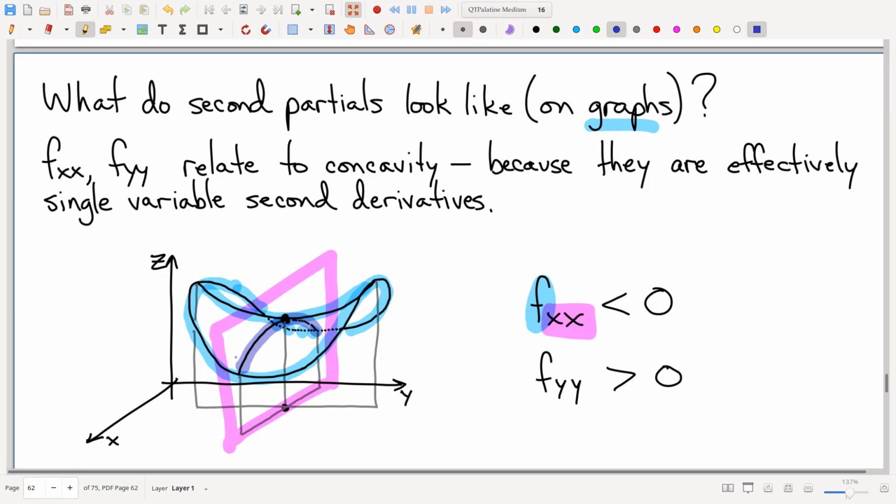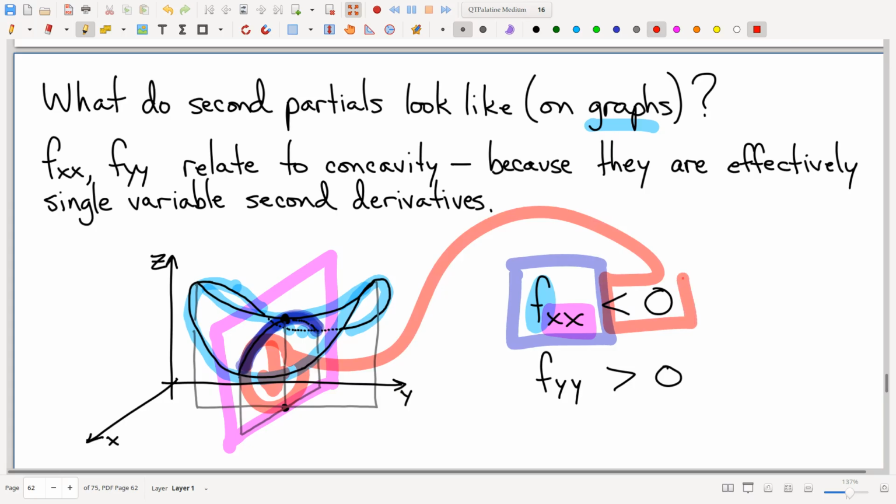So this is straight up, full stop, nothing more than the second derivative of the partial function whose graph is that dark blue curve. And we already know how to interpret second derivatives of single variable functions. Second derivative means concavity, right? So the fact that this is concave down means that the second derivative is negative.